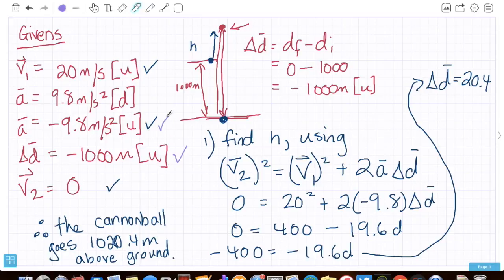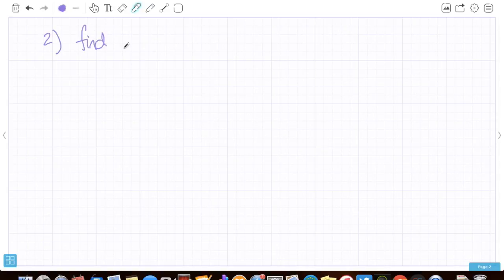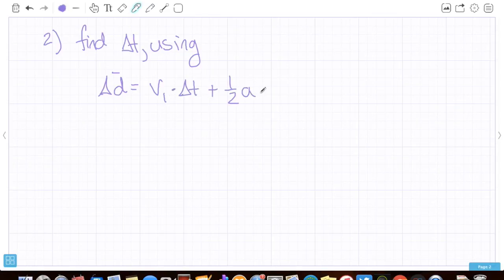This value will be useful, and so will this value. So we want an equation with delta t in it, with delta d, a, and v1. So we're going to find delta t using delta d is equal to v1 times delta t plus half a delta t squared.